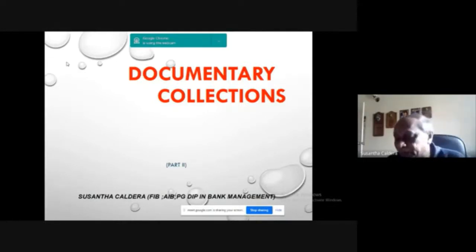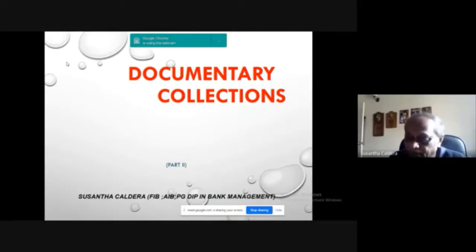If the documents have been received by Sampath Bank, I'm taking only examples, right? Actually, not Sampath Bank or Standard Chartered, it is for easy reference. If you have taken the documents from Sampath Bank on DP terms, then you have to take the documents from Sampath Bank.